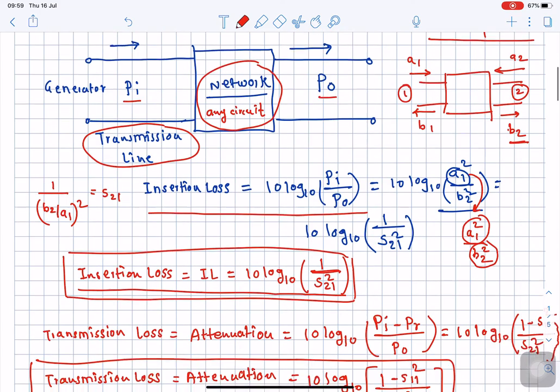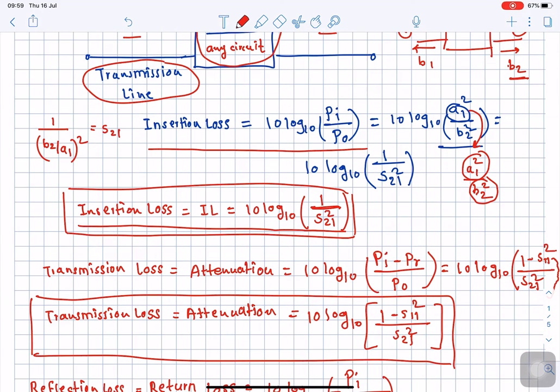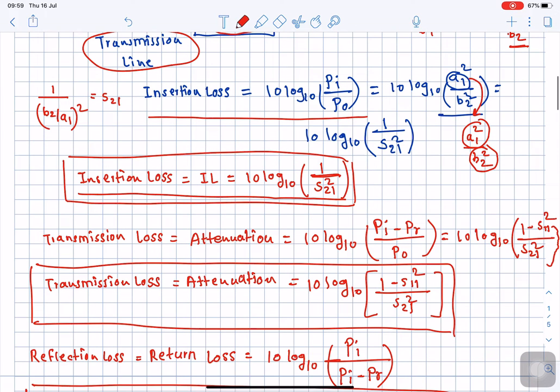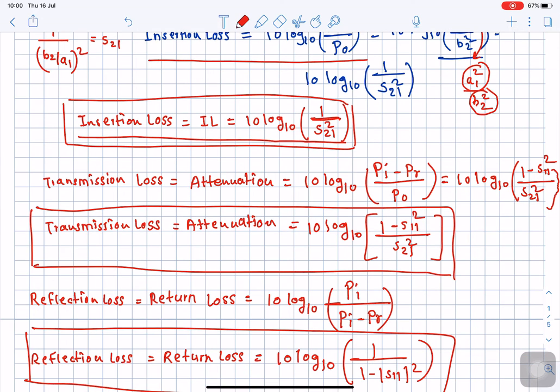So how we can represent the loss or the attenuation in the signal whenever it goes from one place to another place? It is given in this particular equation: 10 log to the base 10 of the difference of input power minus the reflected power divided by the output power. Similarly, in terms of scattering parameter, the transmission line loss or the attenuation loss is given by 10 log to the base 10 of (1 minus S11 square) divided by S21 square.